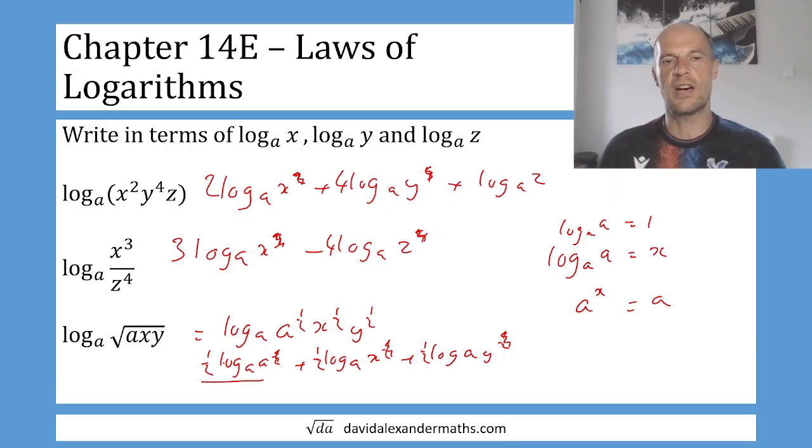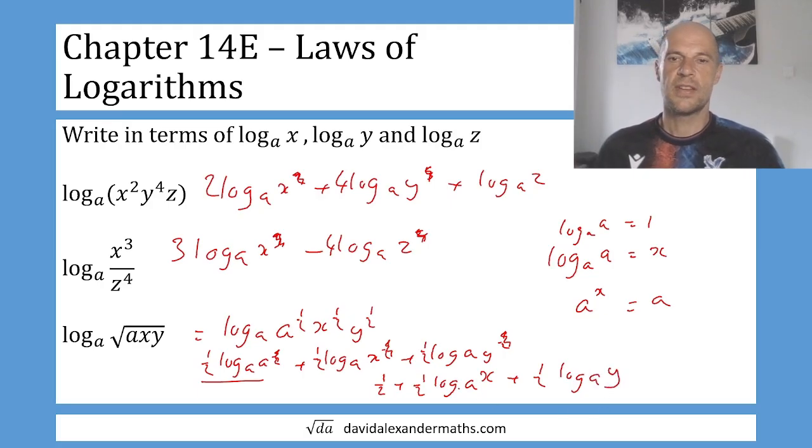That's 1 times a half, so we can just turn this into a half. So that's a half plus a half log a of x plus a half log a of y. There we go. So just remember that the log a of a, or the log 2 of 2, or the log whatever of whatever is always 1. So there is our final answer down there.